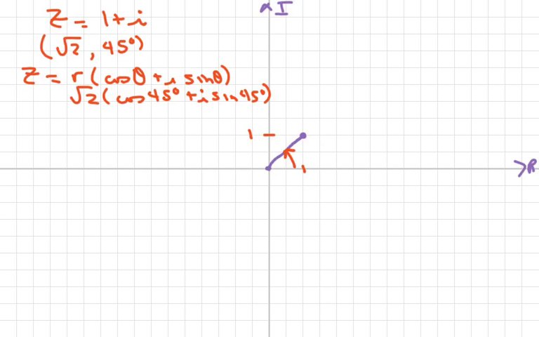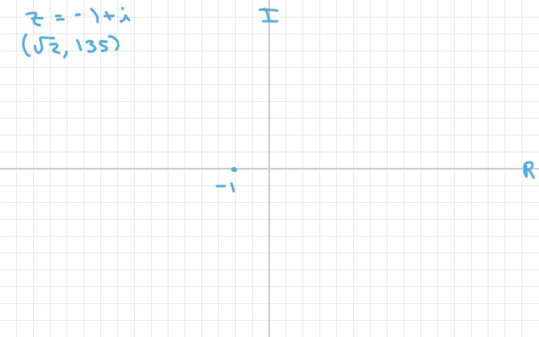Okay, and the second one we had already done. We have z equals -1 plus i. Our coordinates were square root of 2, comma 135. So we have -1 for the x, I'll call this -1 for your real part.